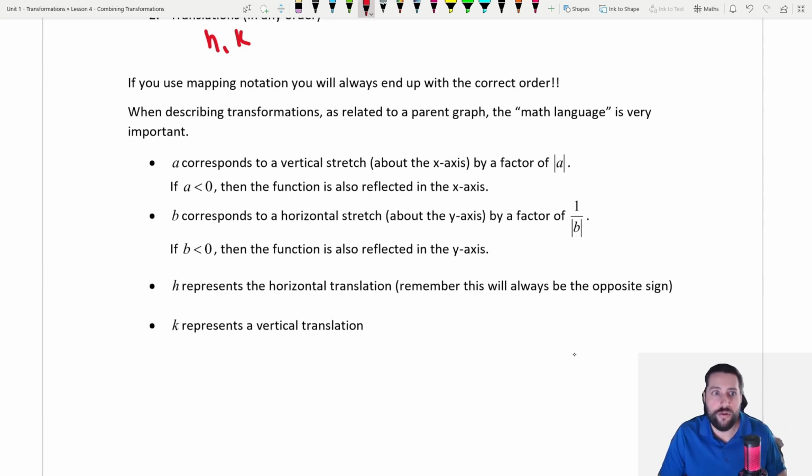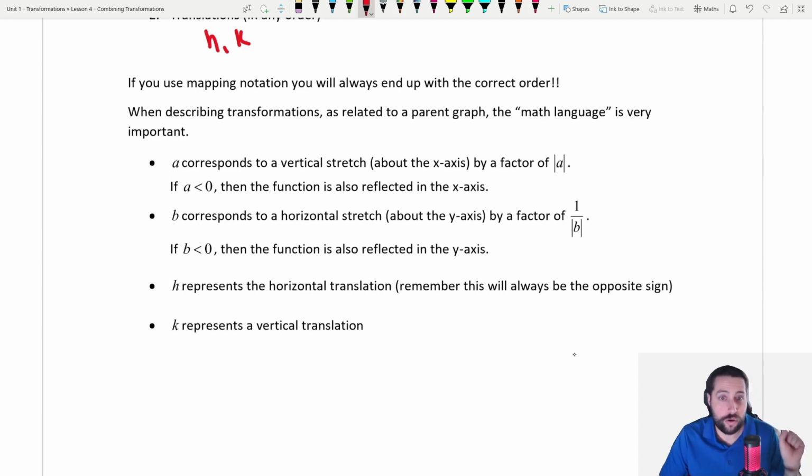So even though there could be a negative number with A, your vertical stretch is the factor of the absolute value of A. The negative value only tells you that there will be a reflection.